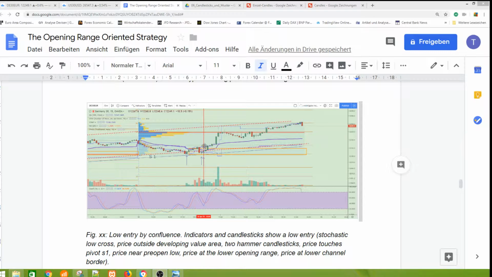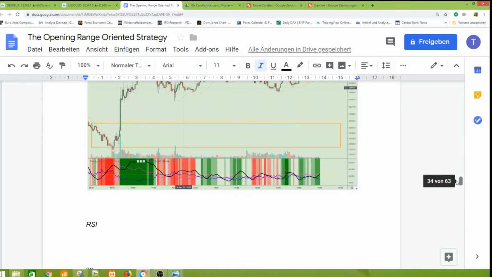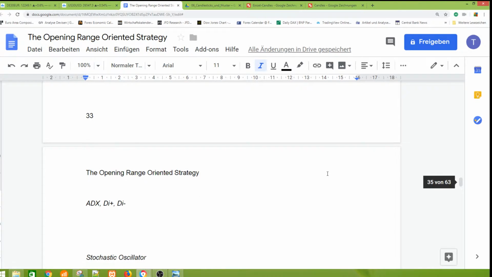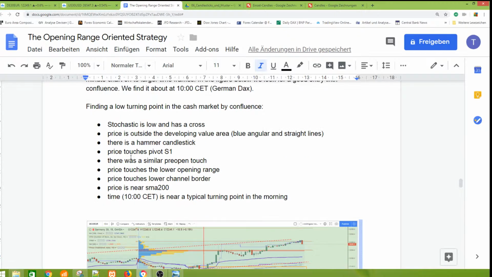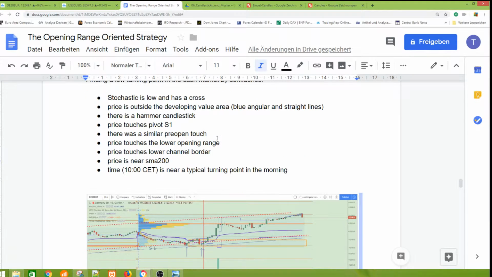And let's look at the points again for recapitulation. The stochastic oscillator is low and shows a cross. The price is outside the developing value area.